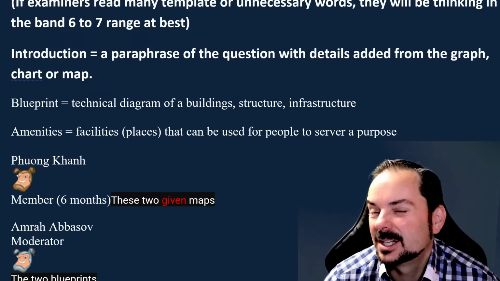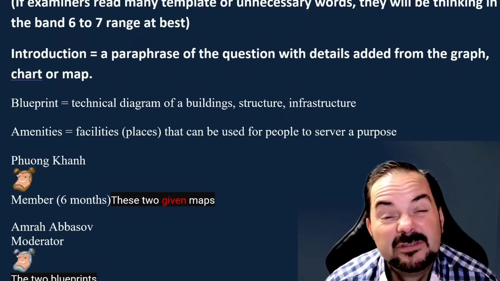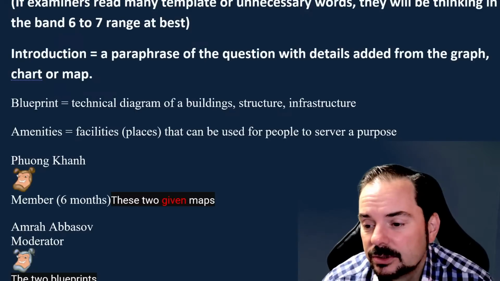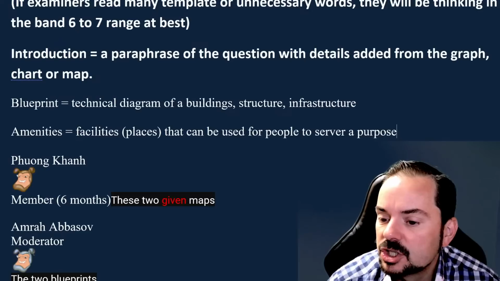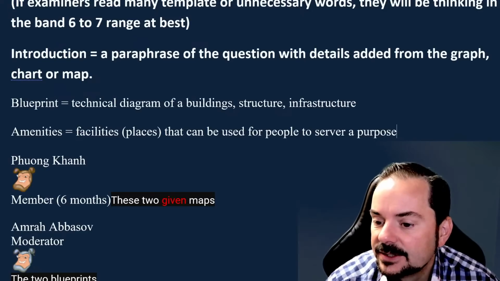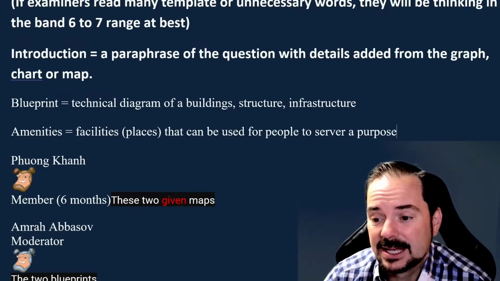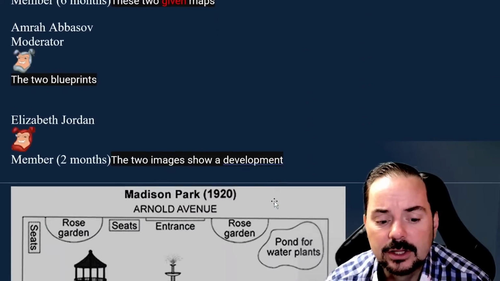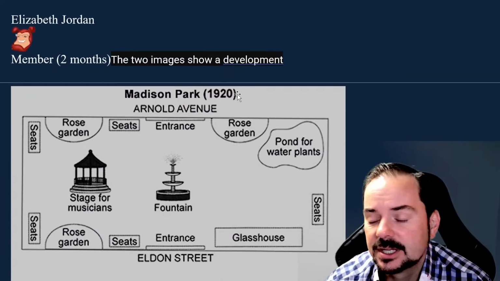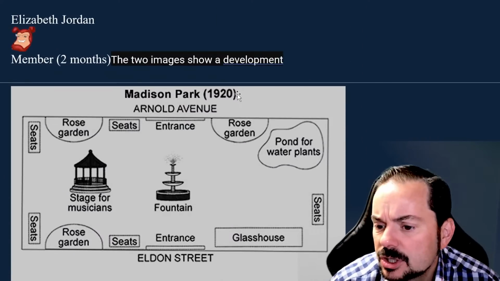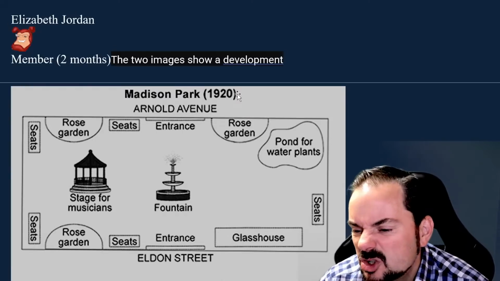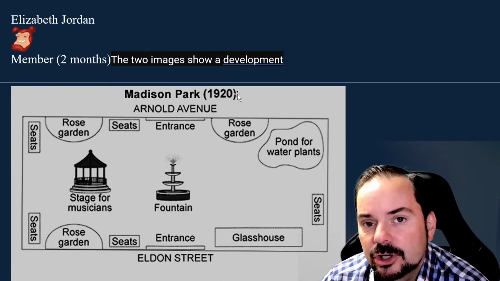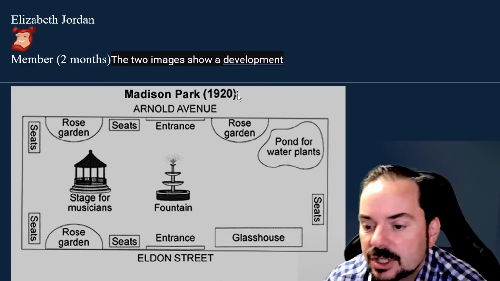Adjustments, it's not really an adjustment. Developments would be a better word too, or changes. Okay. Habibe writes, the two maps give information about Madison Park in the past and today. Habibe, be specific with the past and today, right? So when they tell you what the past is, they tell you it's 1920, you should include that. Okay. And if you know that today is 2023, then you should include that, right? So you're interpreting, you're giving more information.